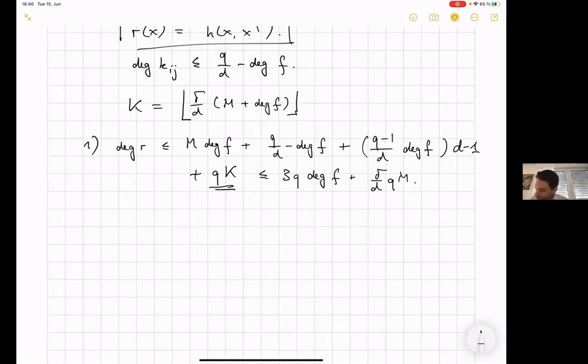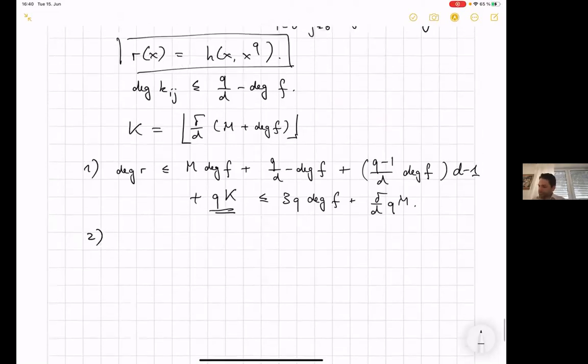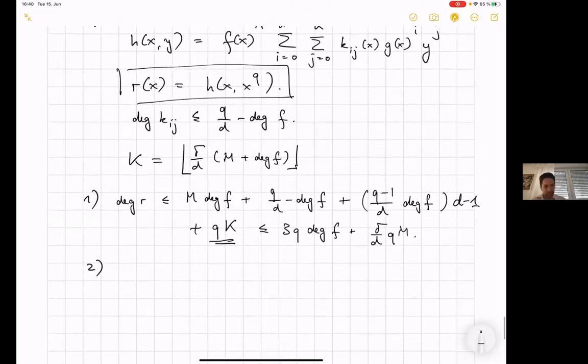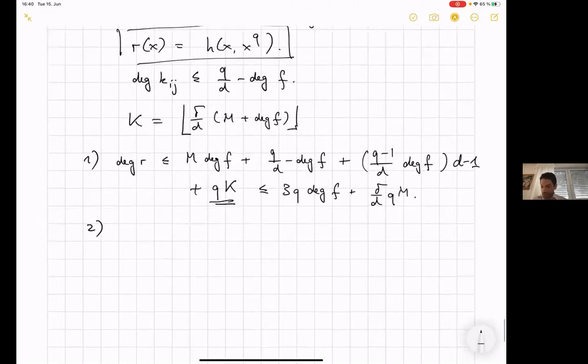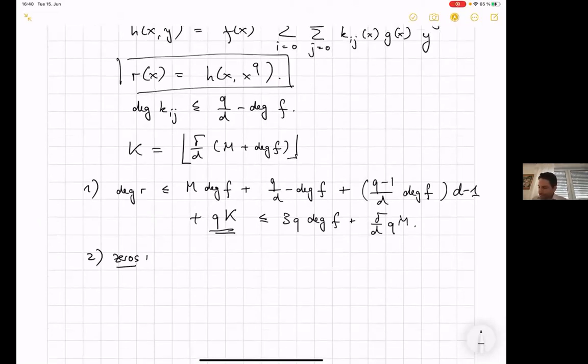Okay, the hard part is to show that I can arrange the kij's in such a way that I get sufficiently many zeros. So let's look at the zeros, and I detect the zeros by taking the Hasse derivative. And you remember we had this technical lemma that told us if I take the Hasse derivative of such a two-variable polynomial specialized to this situation, then I can just take the Hasse derivative with respect to the first variable and treat the second variable as a constant.